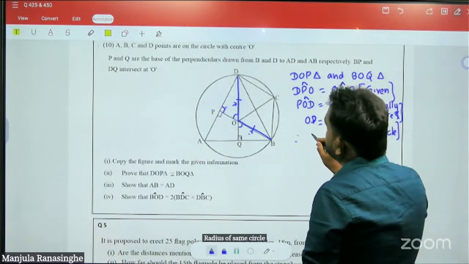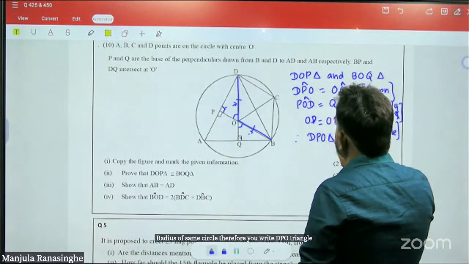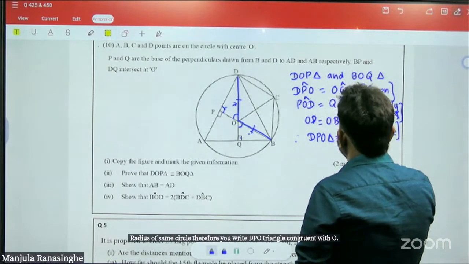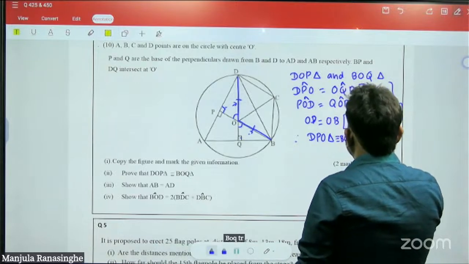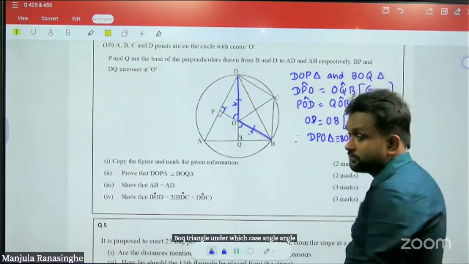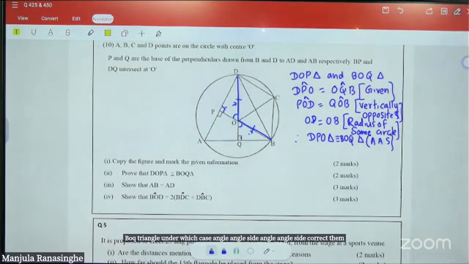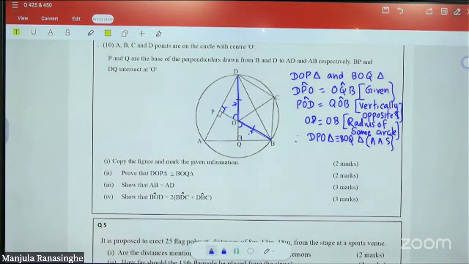Therefore, you write triangle DPO is congruent with triangle BOQ, under which case? Angle, angle, side. Angle, angle, side. Correct them.